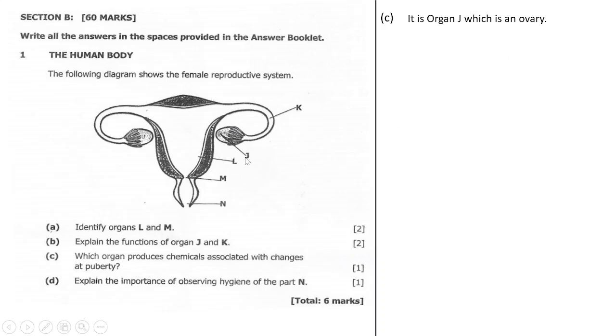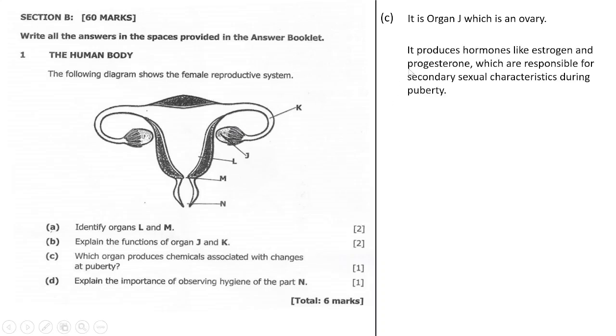So it is organ J, this one, which is an ovary. It is the one which is associated with chemicals associated with puberty. So it produces hormones like estrogen and progesterone, which are responsible for secondary sexual characteristics during puberty.